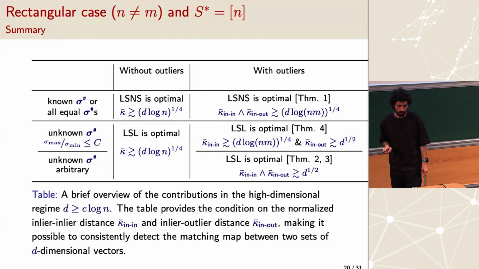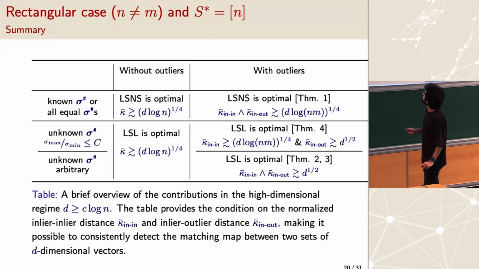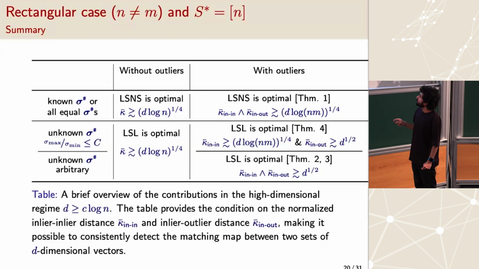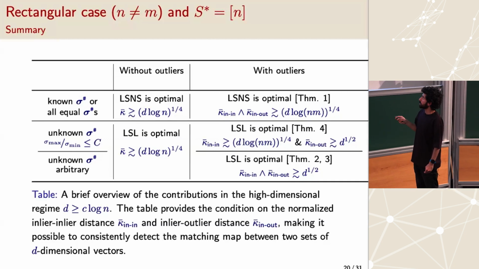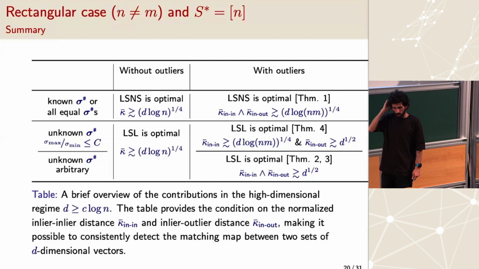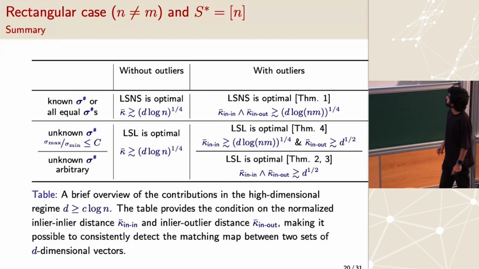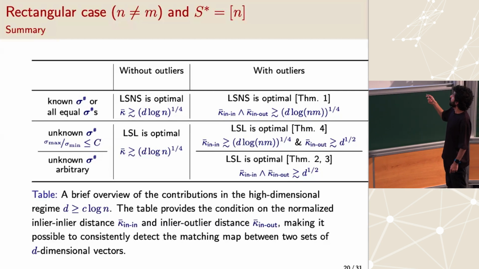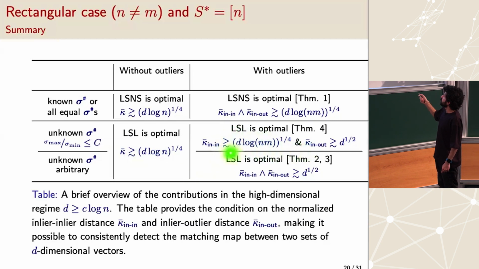However, when sigmas are unknown, the problem changes a bit, and in case of permutation estimation, this rate still remains true, and it's achieved by least sum of logarithms, which was obtained by optimizing the likelihood function with respect to sigmas as well. However, for the cases where we have outliers in one of the sets, the separation distances become different.